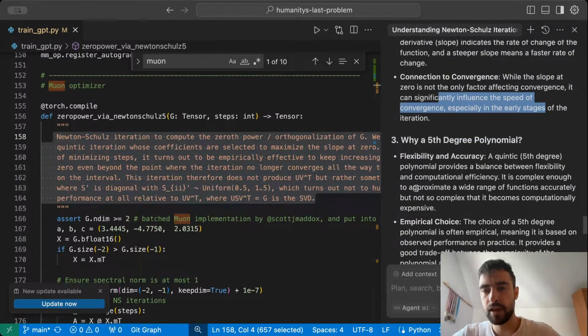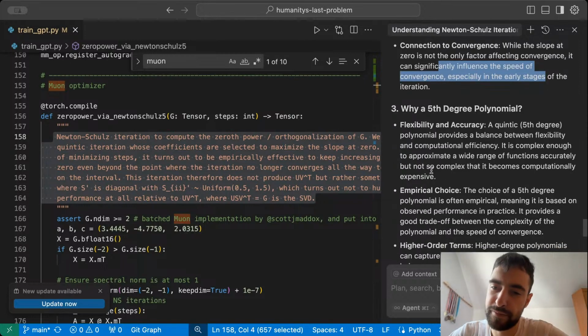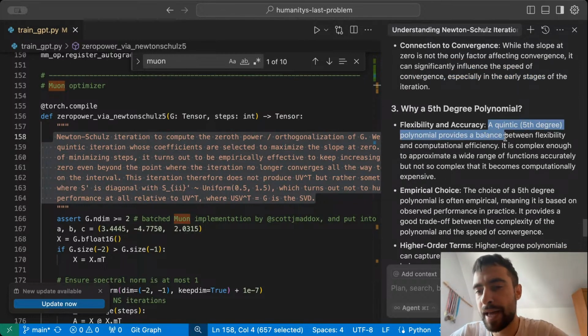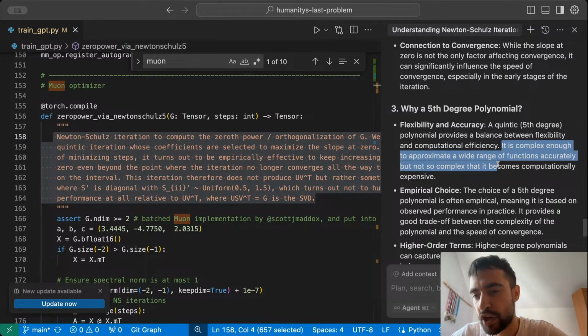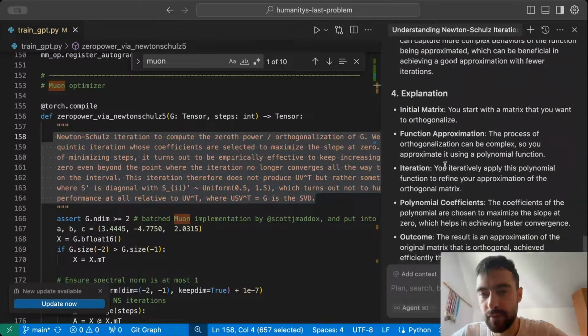Okay. Why a fifth-degree polynomial? Flexibility and accuracy: a quintic, fifth-degree polynomial provides a balance between flexibility and computational efficiency. Okay, it's complex enough to approximate a wide range of functions accurately, but not so complex that it becomes computationally expensive.